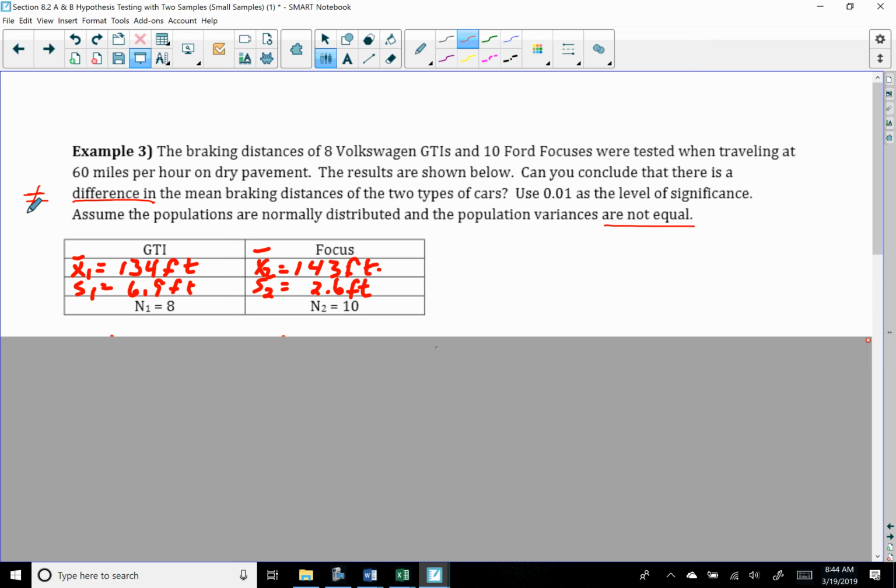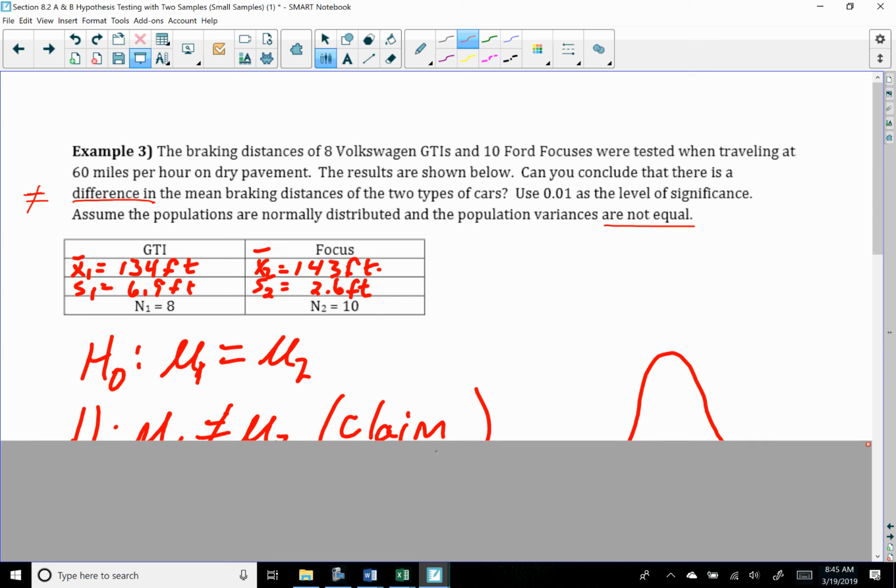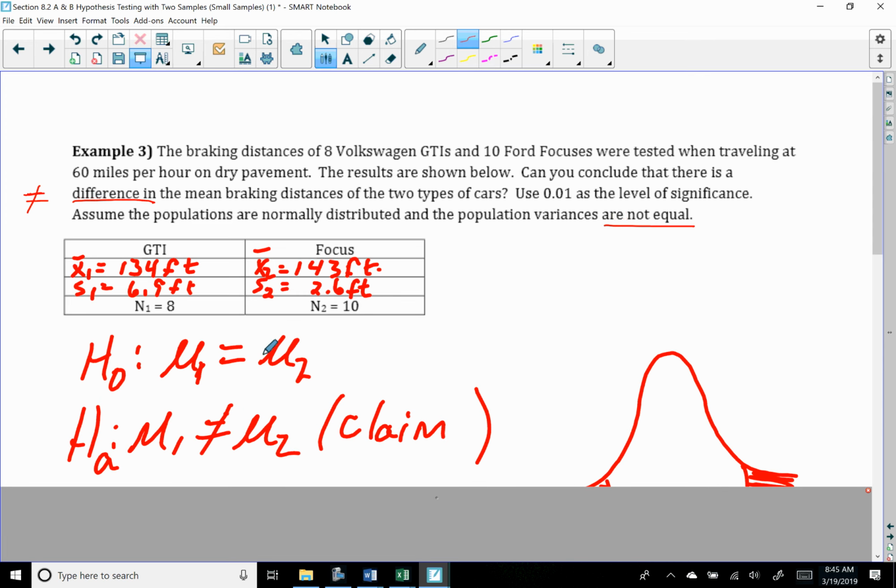They're either equal or not equal. They're not saying, can you conclude that one is greater than the other? So I know that I'm not using an inequality. So we would say the null is that they are equal, and our claim is that they are not equal.